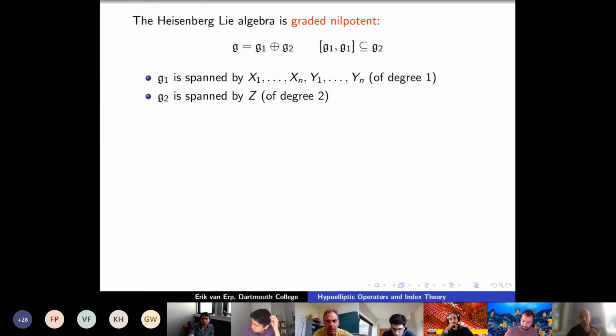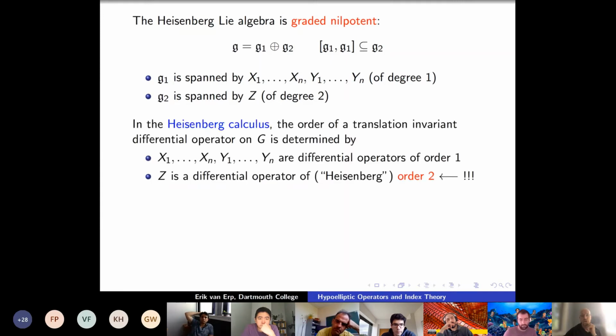So this is a very natural notion here. What is interesting, I think this is an idea that goes back to probably Eli Stein in the 70s, is that this leads to a different notion of the order of a differential operator.